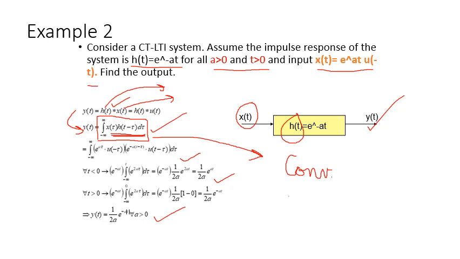So we take the transform of both the signals individually and then we just multiply them. When I multiply H of s and X of s, I get Y of s, meaning the output also we get in the frequency domain. So how can I find y of t using Y of s? That is a question.